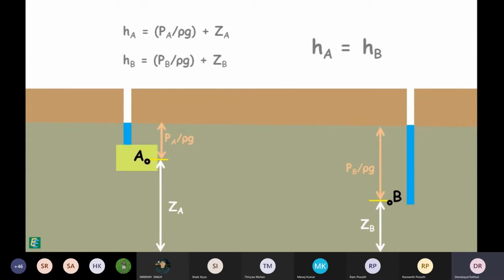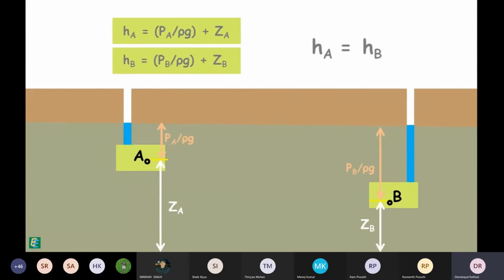Because even if A has higher elevation than point B, the total head of both the points may be the same, because the total head, which is the sum of both elevation head and pressure head, of both the points is the same.